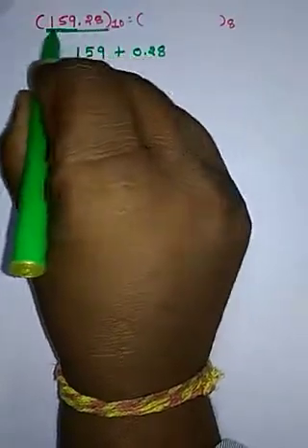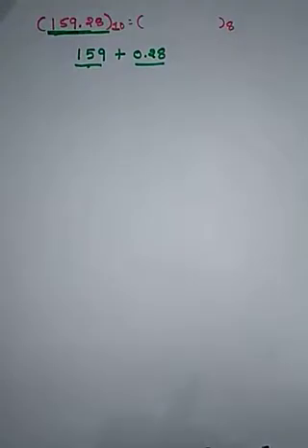Make the two parts of this number, whole number and fractional number. 159 plus 0.28.